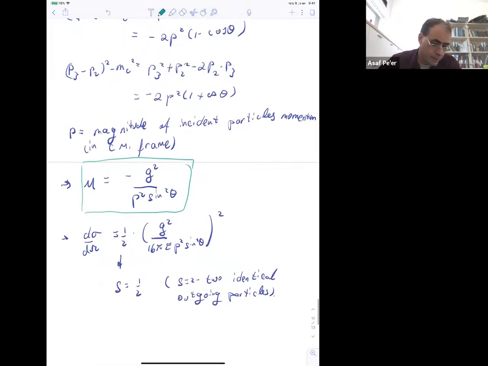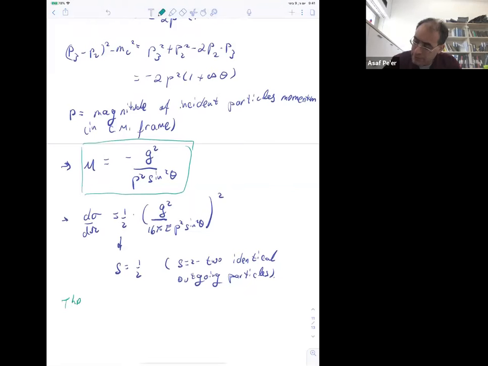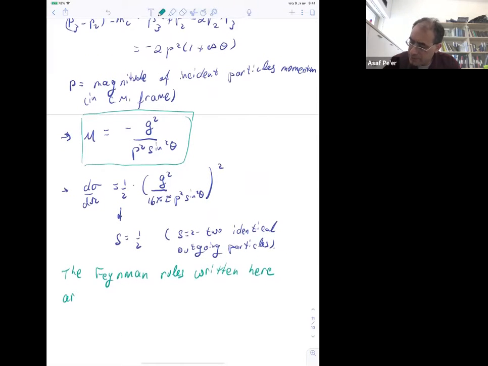The Feynman rules written here are specific for the simplified model of scalar particles.